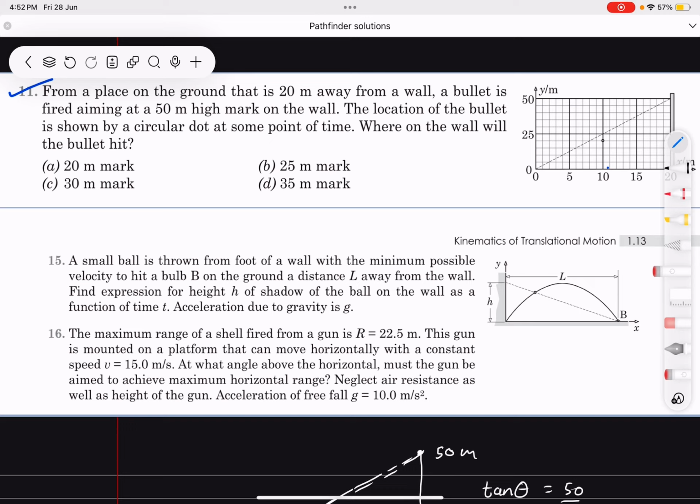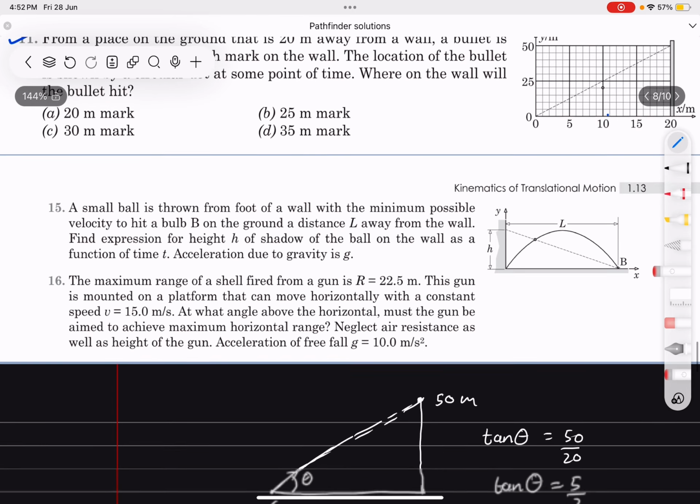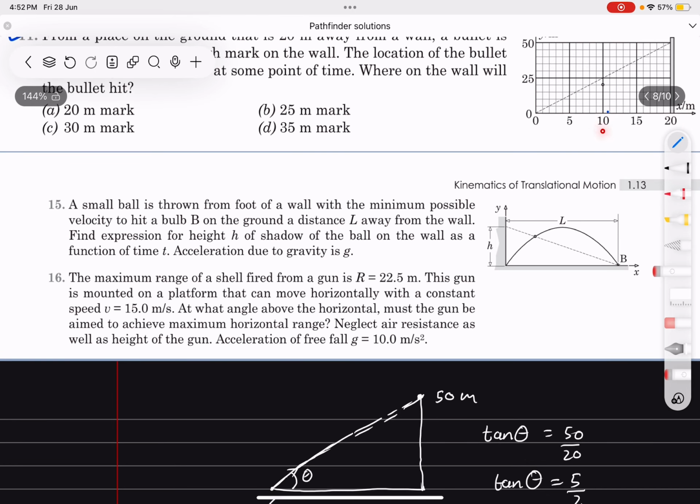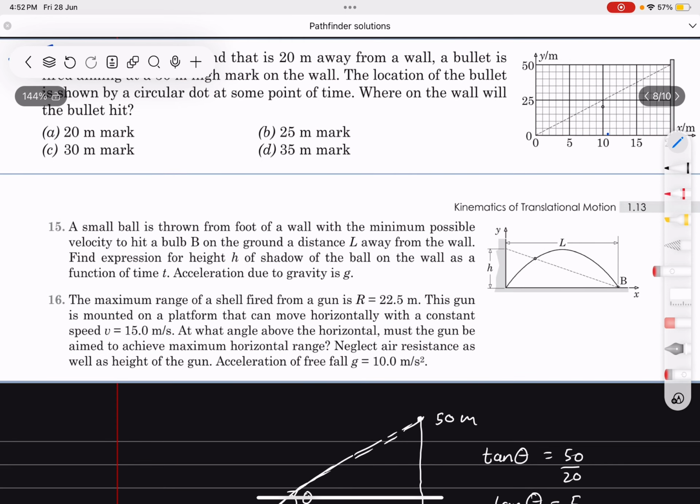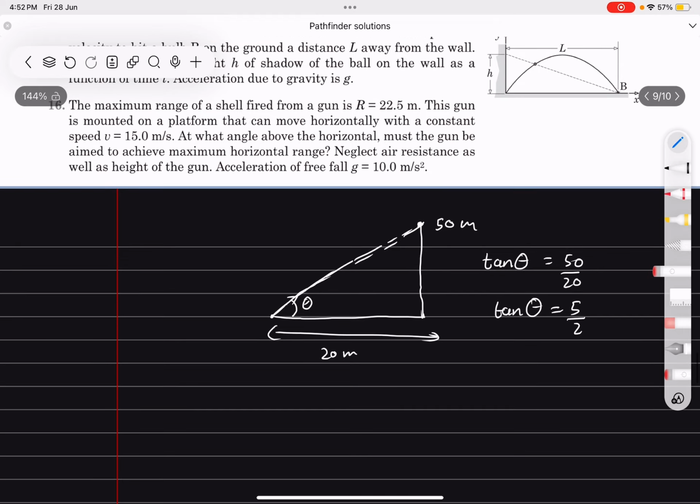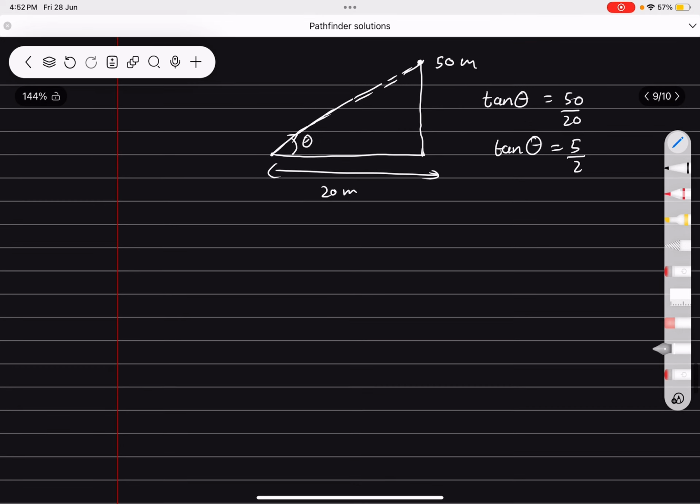At x equal to 10 meter, the y coordinate of the bullet is 20 meter. You can see by scale 5, 10, 15, 20, 25. So it's 20 meters. So we'll use the equation of trajectory here.